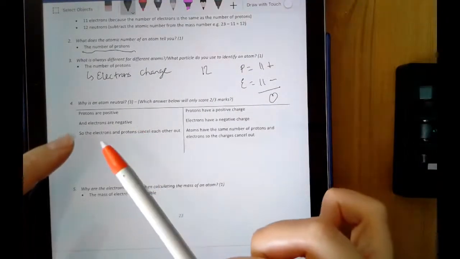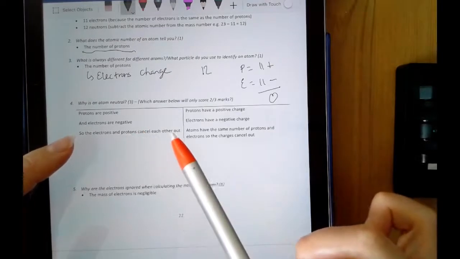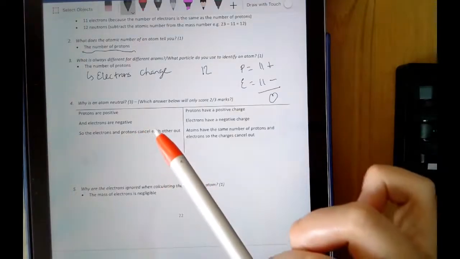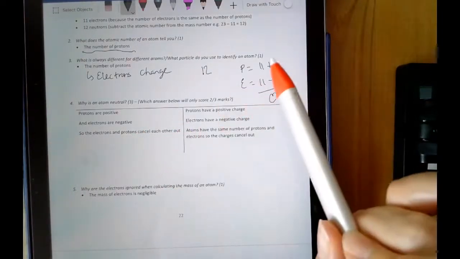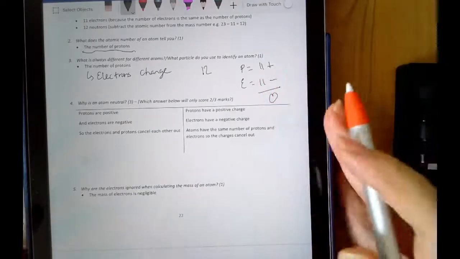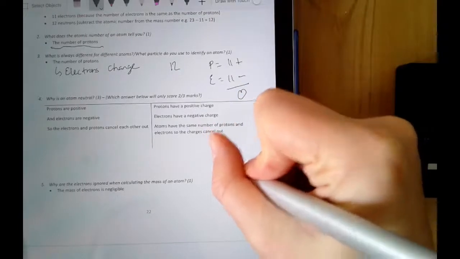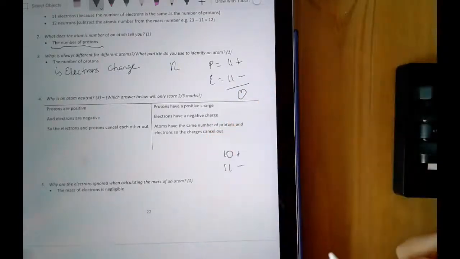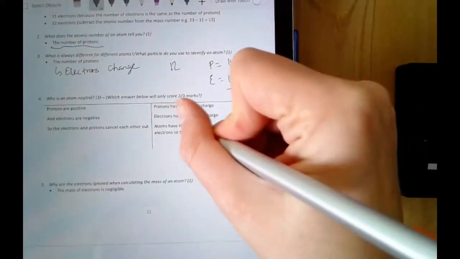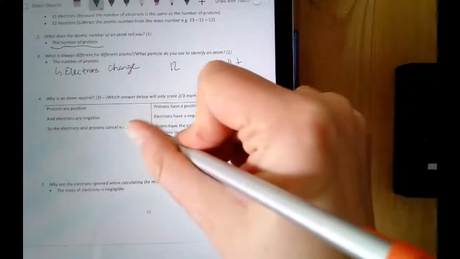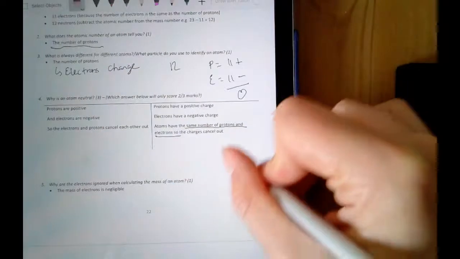This answer here says the electrons and protons cancel each other out. But the reason they cancel each other out is because you've got the same number. If you had 10 protons and 11 electrons, they're no longer cancelling each other out. You have to say same number of protons and electrons to get the full 3 marks.